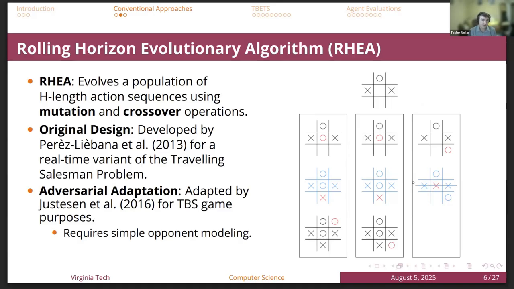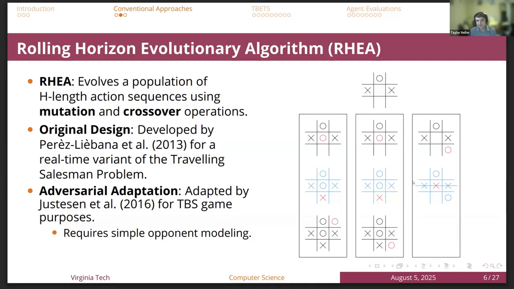The Rolling Horizon Evolutionary Algorithm was originally developed for the real-time variant of the traveling salesman problem. So it's made for single player, which means that for any sort of adversarial adaptation, you're going to need some sort of simple player for the opponent to model the opponent's actions.